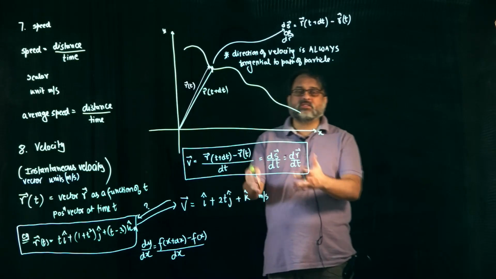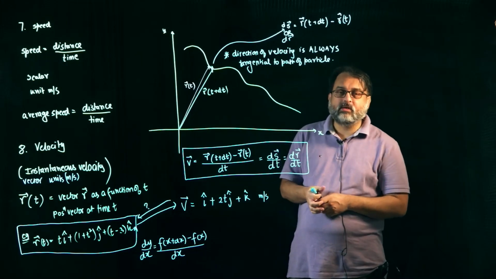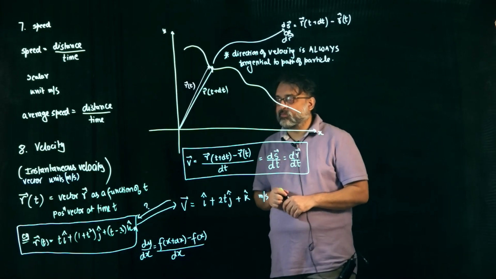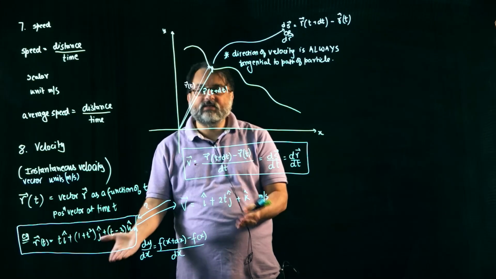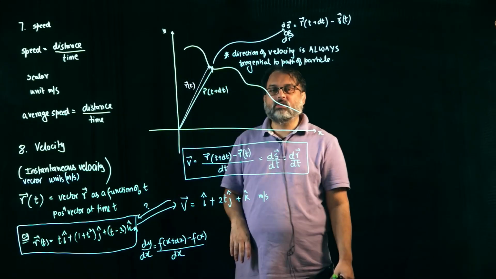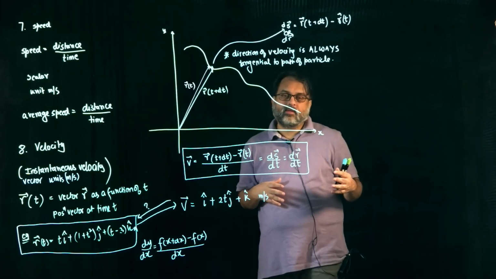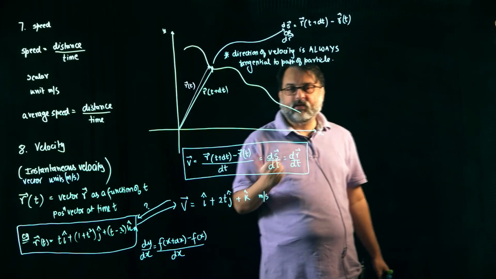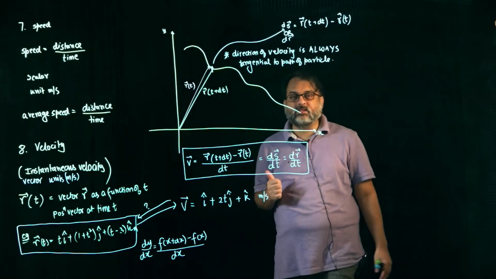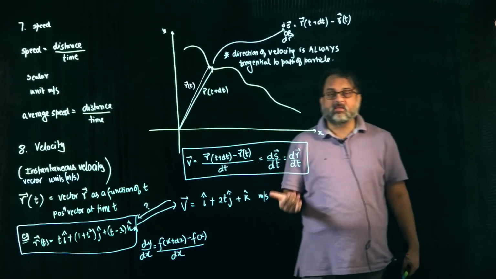So how are these things telling me the minute details? Well, if you think carefully, you already know the answer, because this thing itself is talking about the position and the velocity of the particle at any moment in time. Okay, so if you ask me what is the velocity of the particle at t is equal to 2 seconds, I can tell you. At t is equal to 3 seconds, I can tell you.